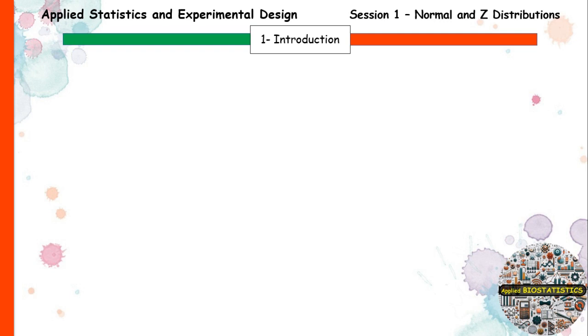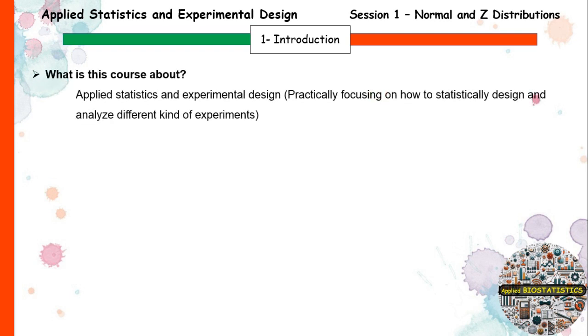Of course, this is a course and includes a series of videos. The first video is about the normal distribution, and we mainly focus on applied statistics and experimental design, and it means we practically focus on the important and main tools in statistics.